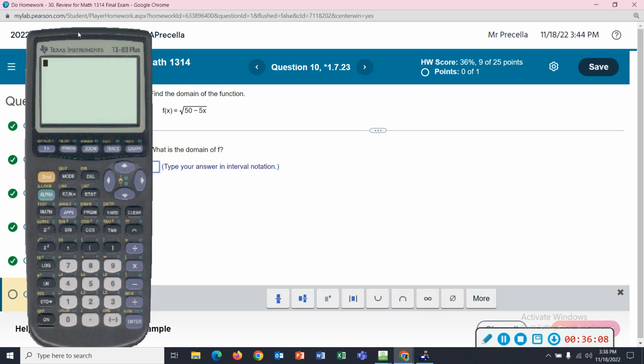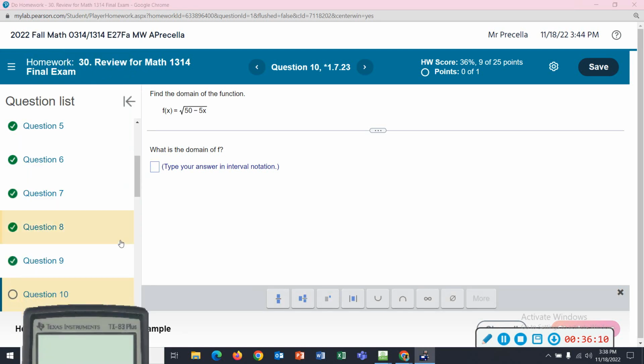Let me move my little calculator out of the way. Parentheses, negative infinity, comma, 10, square bracket.